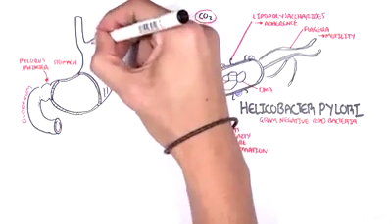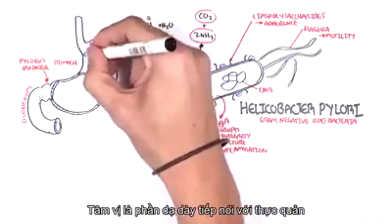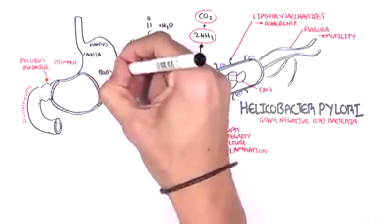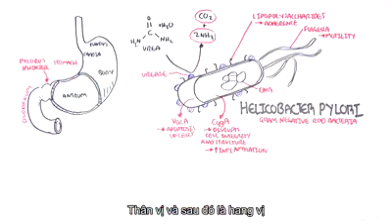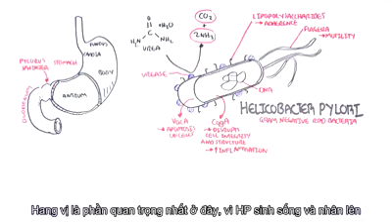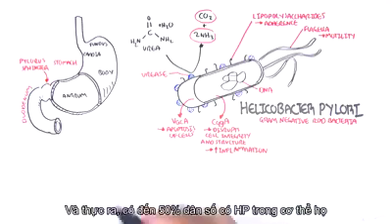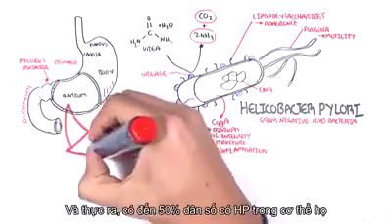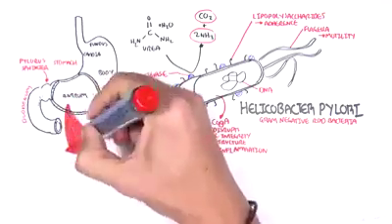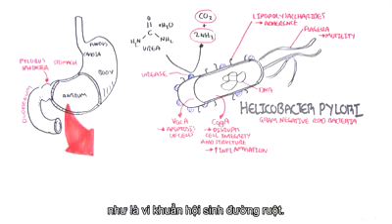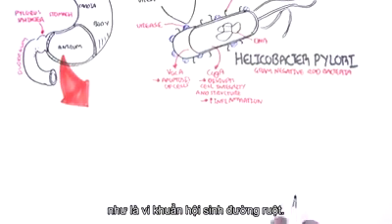The fundus, which is the top, the cardia, which is essentially the first part where the esophagus meets the stomach, the body, and then we have the antrum. Now, the antrum is the most important part here because the antrum is where H. pylori typically resides. And actually, 50% of people have H. pylori living inside them as commensals, you can say, commensal bacteria.